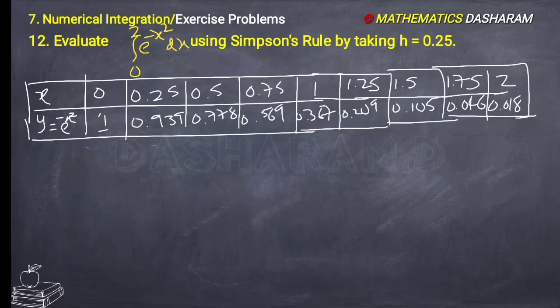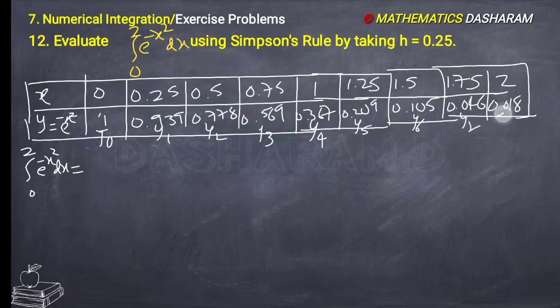So let's find out the Simpson rule. Integration 0 to 2 e power minus x square dx equals to, first of all let us denote these values with y0, y1, y2, y3, y4, y5, y6, y7, y8.